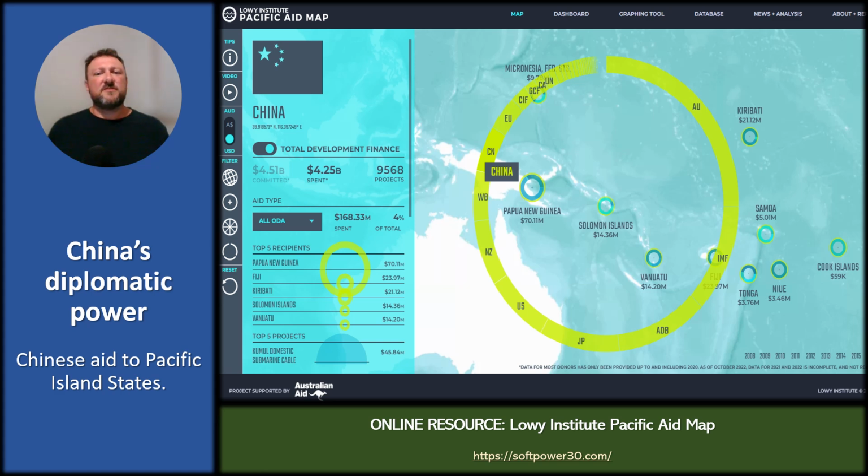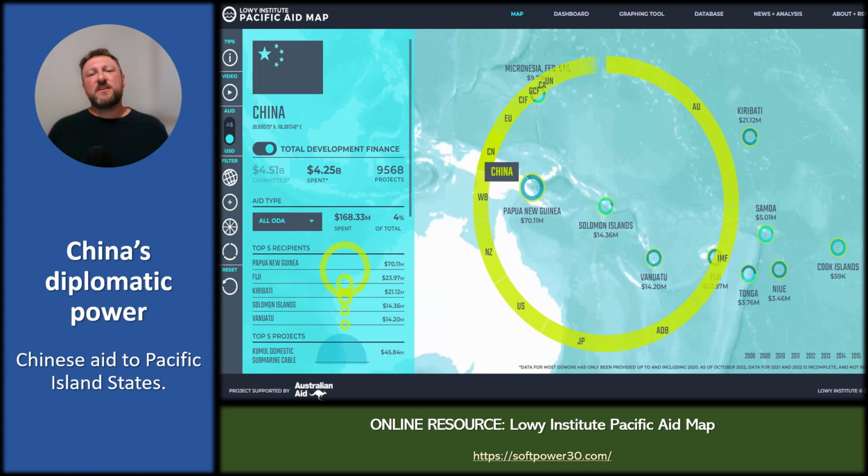Diplomatic power refers to China's ability to influence other countries through formal diplomacy. It can be measured by China's ability to build alliances, to resolve conflicts, and to advance its foreign policy objectives through peaceful means, including through the provision of aid to other states.